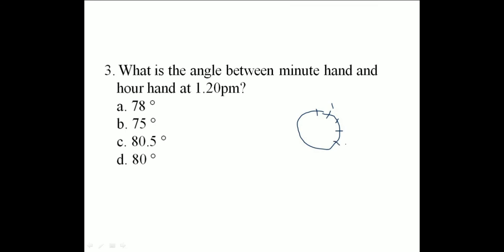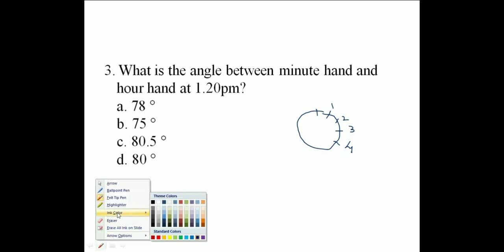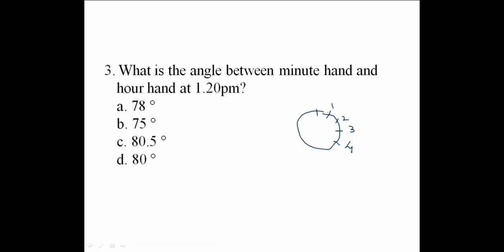1:20 p.m. means the minute hand will be exactly at 4 and the hour hand will be between 1 and 2. We can draw the position of the hands. The hour hand will be between 1 and 2, and the minute hand exactly at 4.